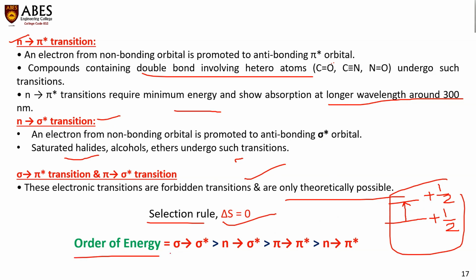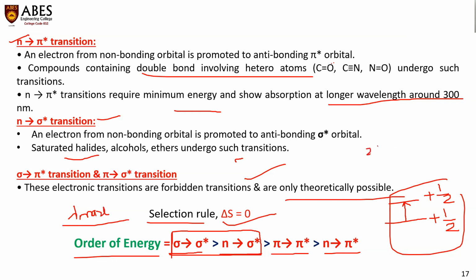According to the energy, sigma to sigma star has the highest energy, then non-bonding to sigma star, then pi to pi star, then non-bonding to pi star. Sigma to sigma star and n to sigma star are the high energy transitions. That means they are observed at shorter wavelength and are not observed in the UV region.